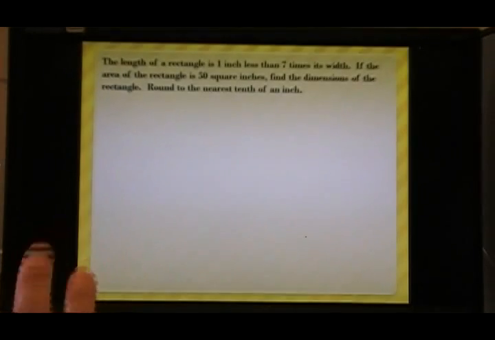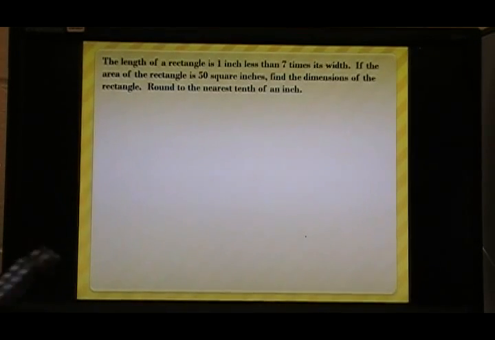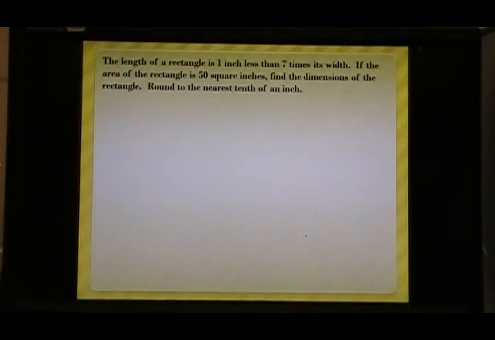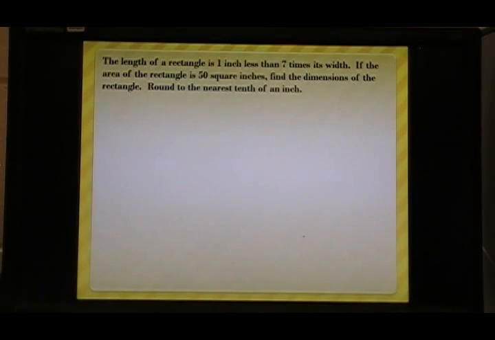You want to work your way through the information. Try to figure out what they're telling you, and then how you're going to use what they tell you to create an equation and then somehow solve that, and use the found information to answer the question. As most of you know, when you're working with applications, it's the setup that's the hard part.